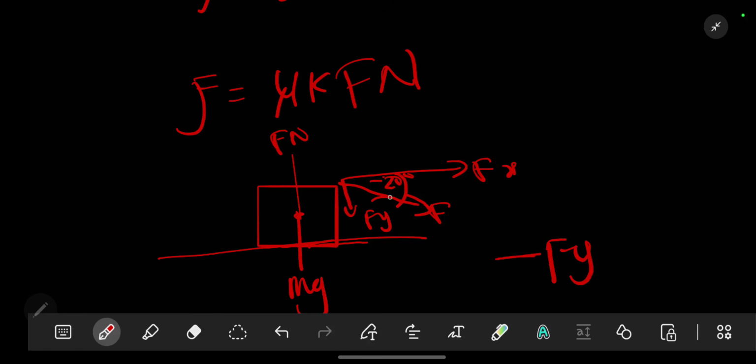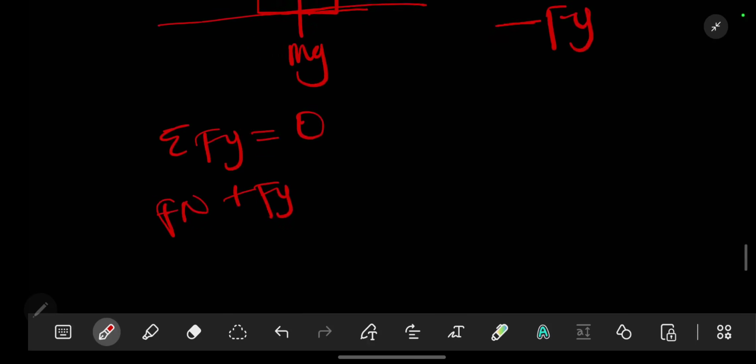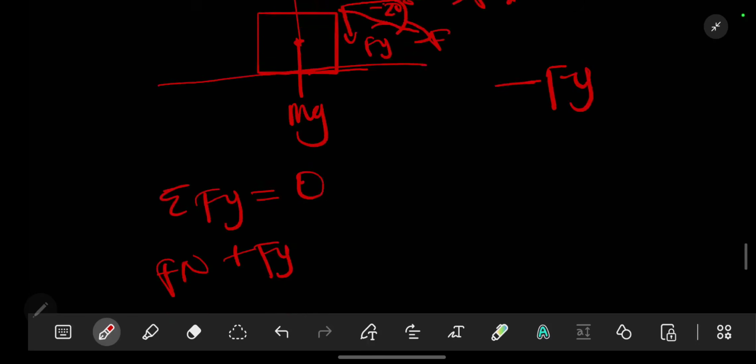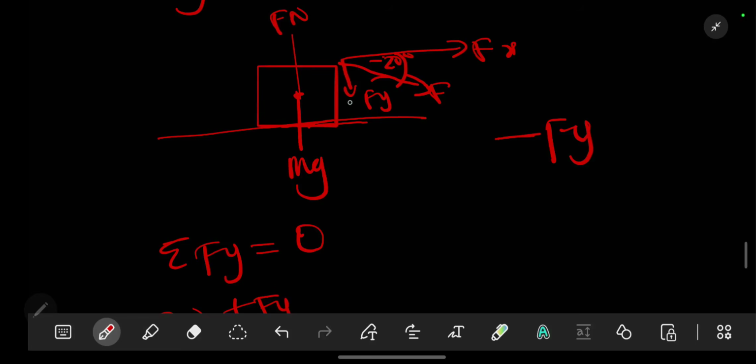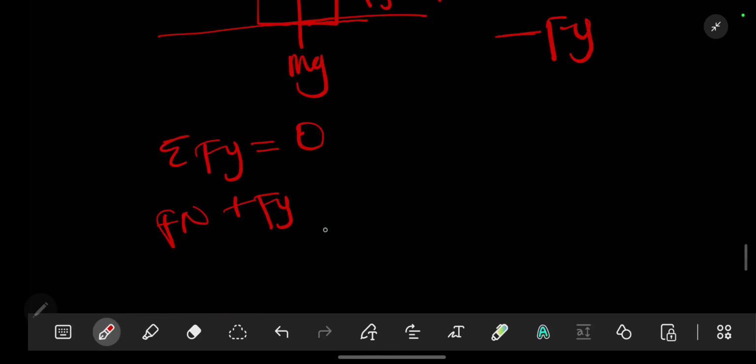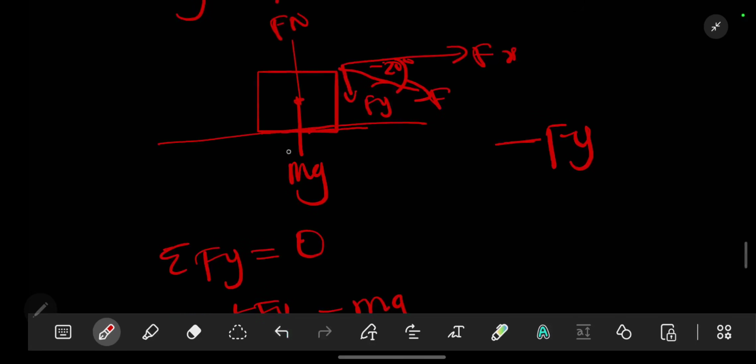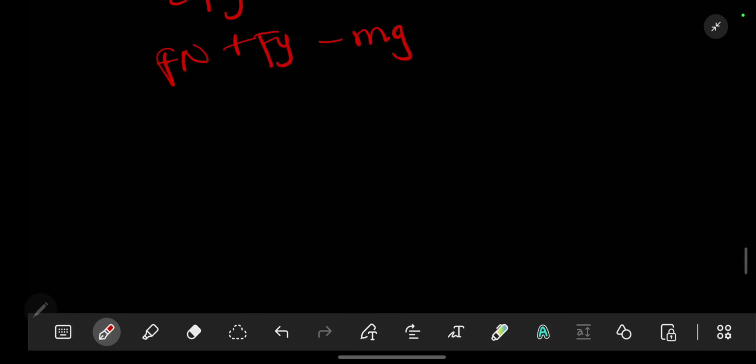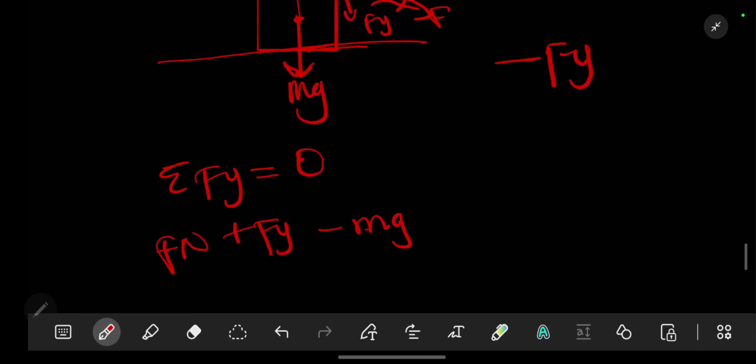But if you accounted for the negative in the angle, you are going to add, so plus our Fy. Then we have another force pushing down, which is the mg, so we are going to say minus the mg. This one is pointing downwards, and we are not even accounting for its angle, so mg should be equal to 0.